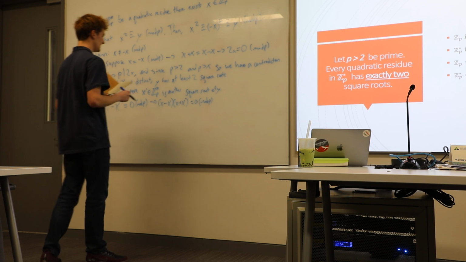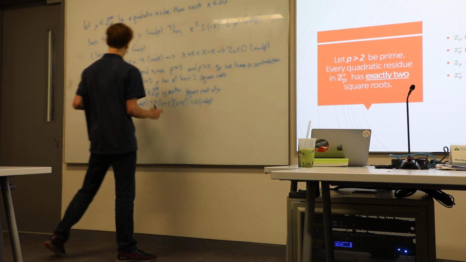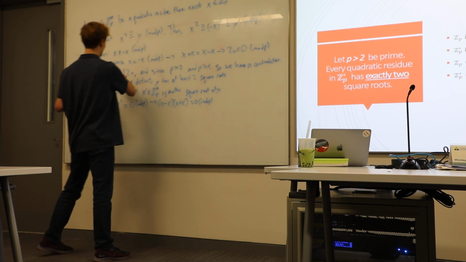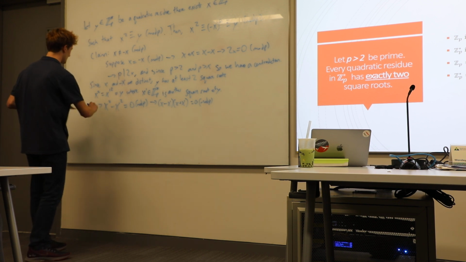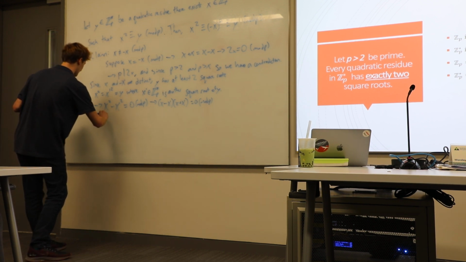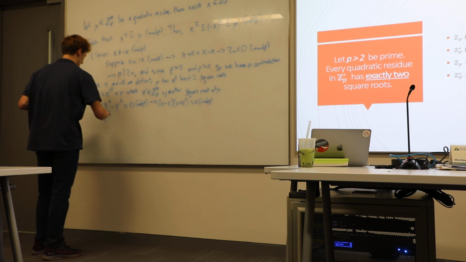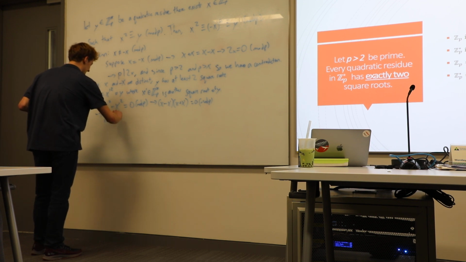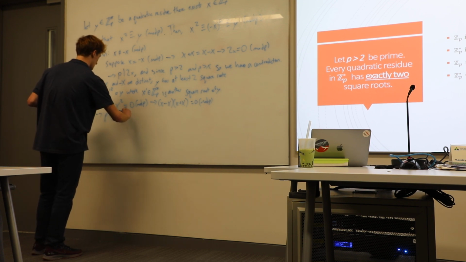which means that either, basically by the same logic we used up here, p would have to divide 2x, that means that p would have to divide x minus x prime and/or x plus x prime.